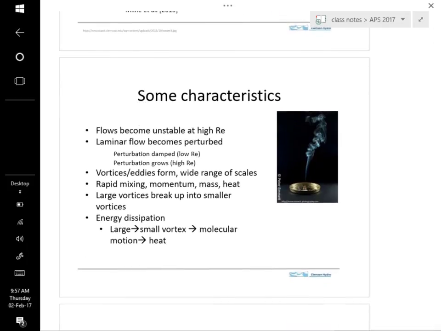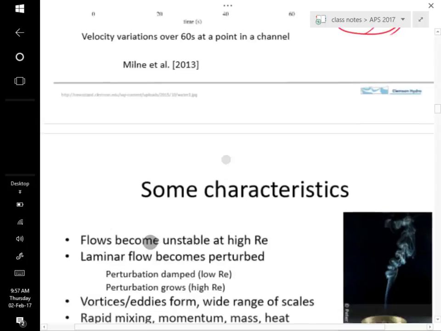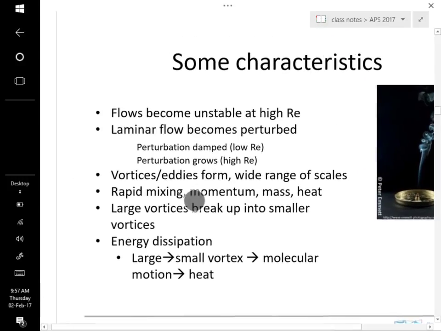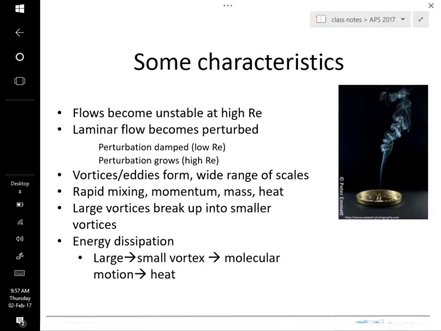So here's a summary of some of the things that we've seen about these turbulent flows. As the Reynolds number increases, the flow becomes unstable, and you get these vortices that form. If you start off with a laminar flow and you stick a perturbation in it, the perturbation will damp out.